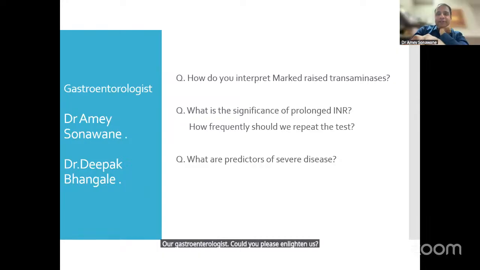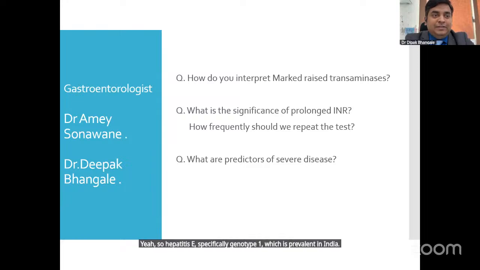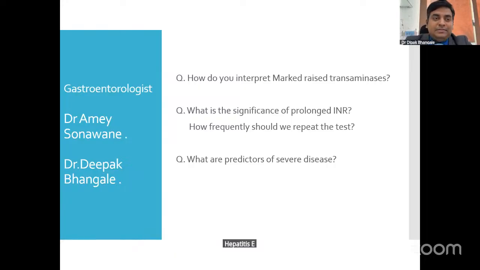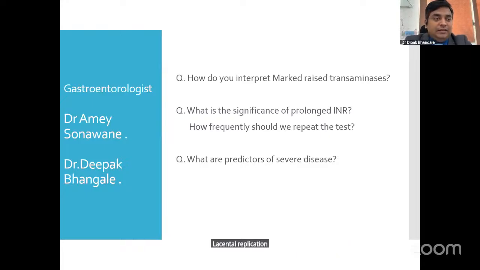Yeah. So hepatitis E, specifically genotype 1, which is prevalent in India, has a more severe natural history in pregnancy compared to hepatitis A. Hepatitis E is somewhat different from hepatitis A in that it has placental replication, so it increases viral load in the placenta.